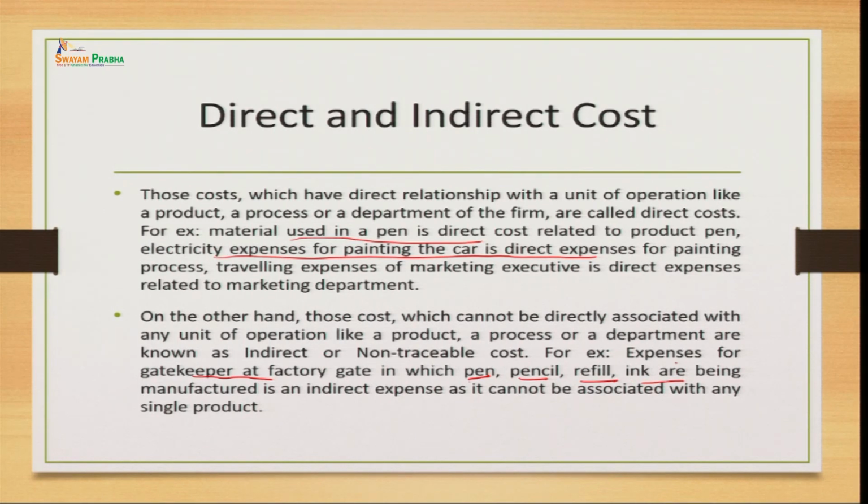So, you cannot directly associate the salary you pay him to any of these products, because altogether different kinds of products are being manufactured, and he is there as security for your factory. So, whatever amount you pay him as salary has no direct relationship with a particular product, process or department. Those costs are considered indirect costs.